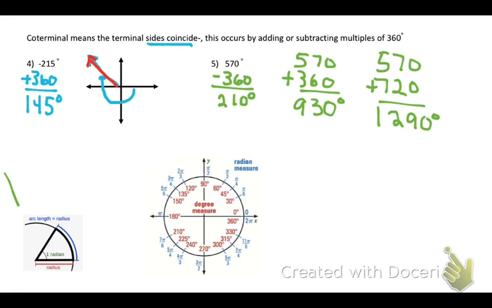All right, now we're down here and we're going to take a look at radians. A radian is the measure of an angle whose terminal side intercepts an arc of length r. So if you look, arc length equals radius. So it has a radius of 1.